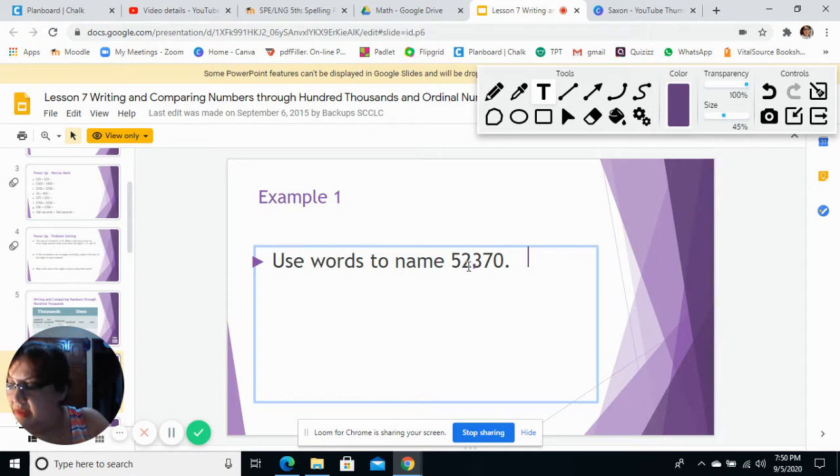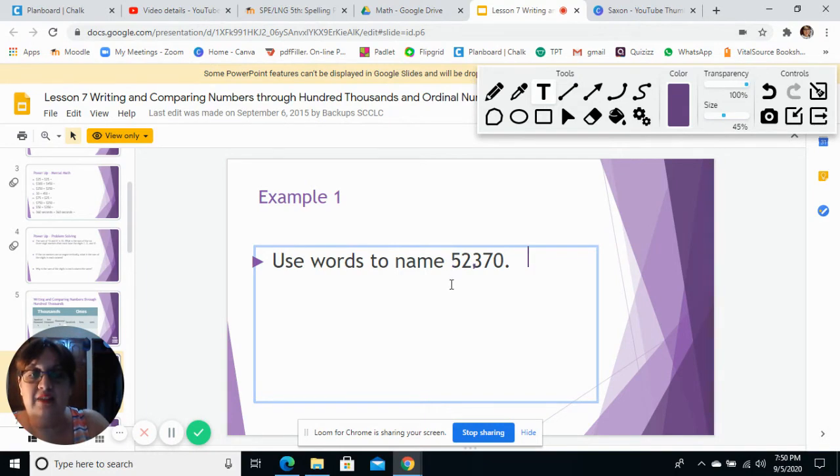The comma in this number marks the end of the thousands. To name this number, we read the number formed by the digits to the left of the comma and then say 1,000 at the comma. Finally, we read the number formed by the last 3 digits. Okay, so when we read this number out loud, we're going to read this from the left to the right, and where the comma is, we need to say the word thousand.